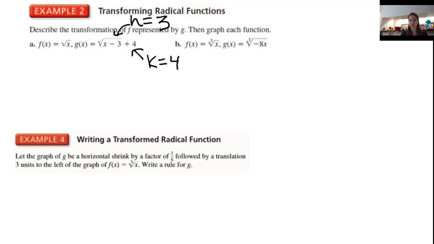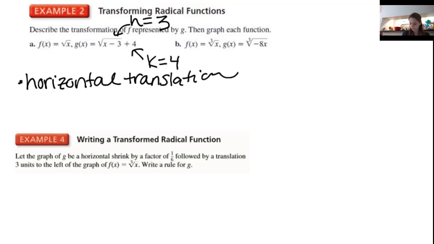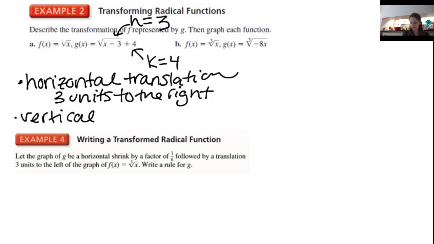So there are two transformations that are happening. With an h value of 3, this is a horizontal translation, 3 units to the right, and the k value of 4 says a vertical translation, 4 units up.